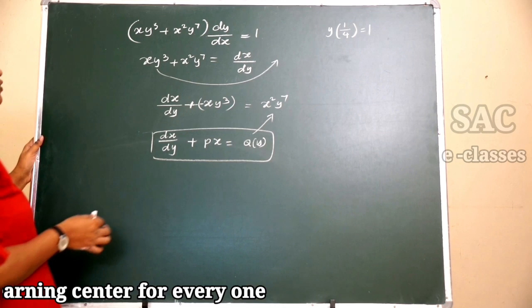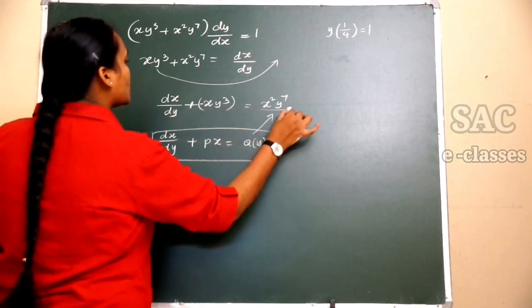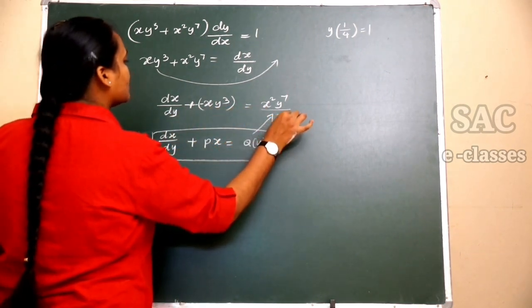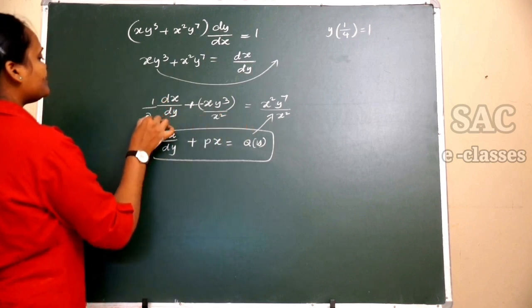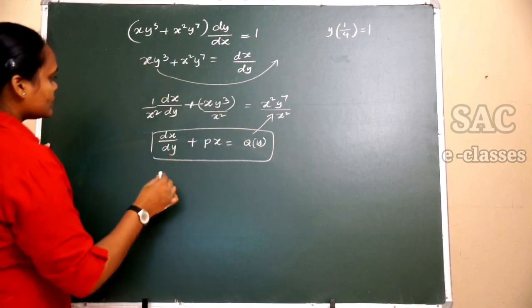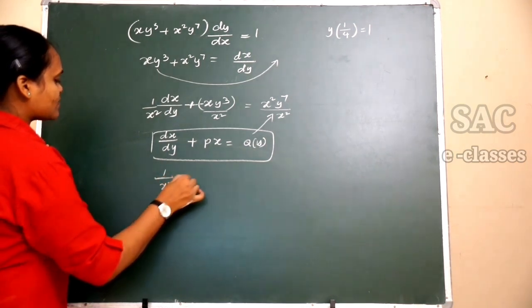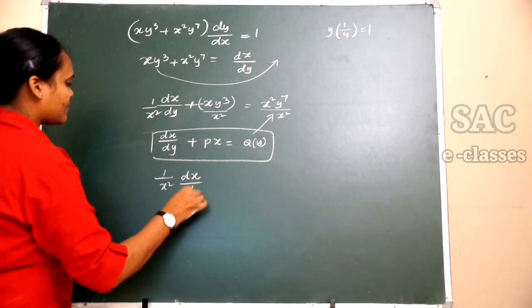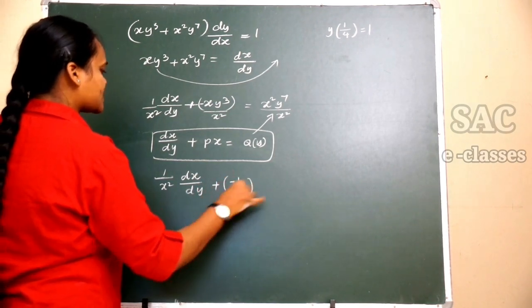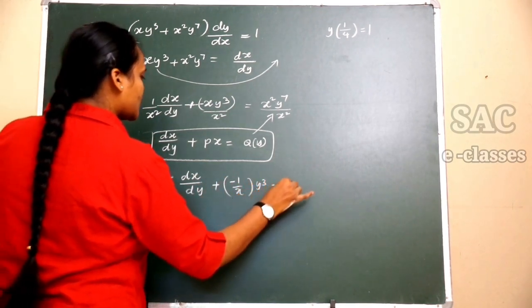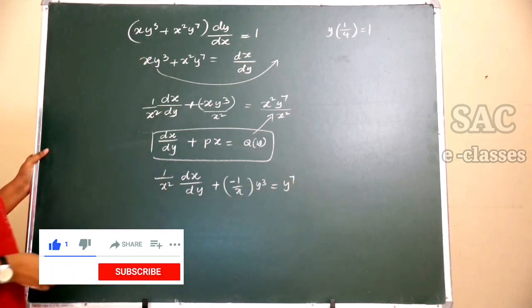So what we are supposed to do to make it purely in y terms? Let me divide with x square. So 1 by x square dx by dy minus 1 by x into y cube equal to y power 7.